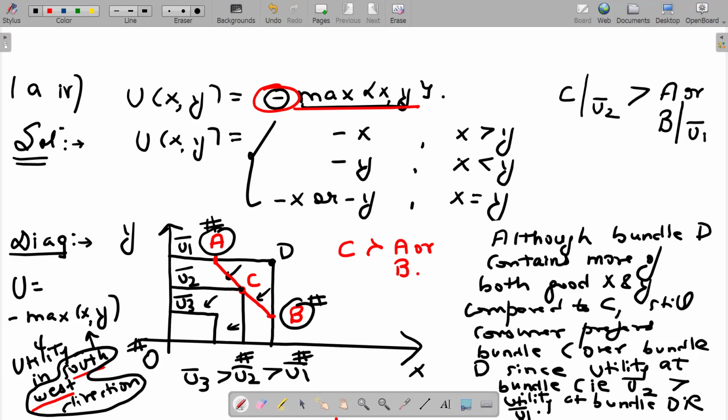Students can clearly see that the utility you get at bundle C is more than the utility you get at bundle D.